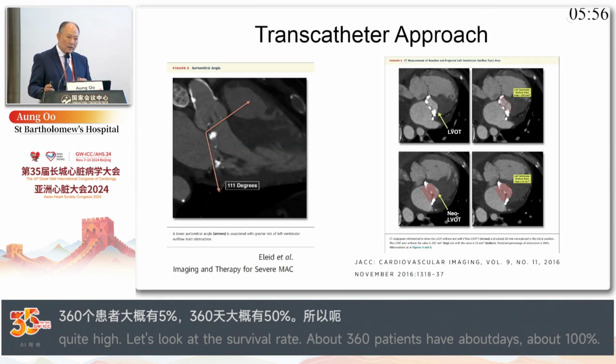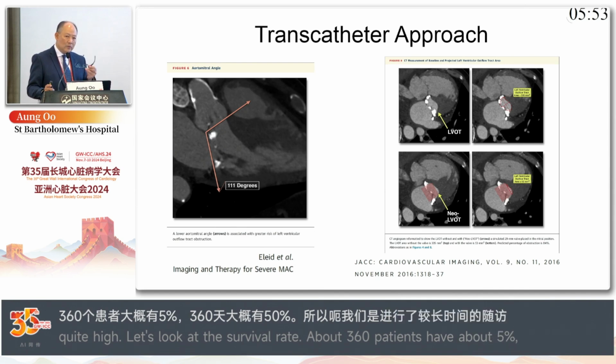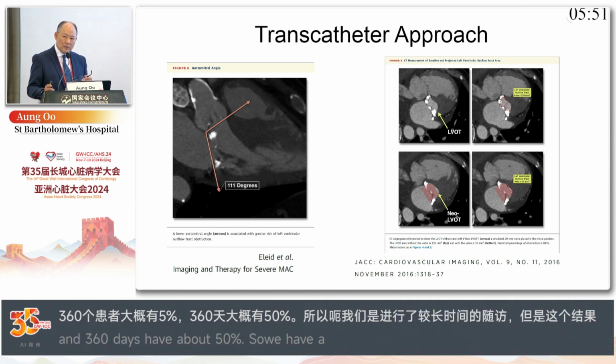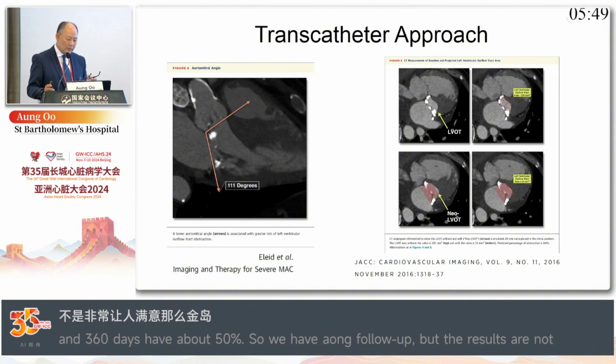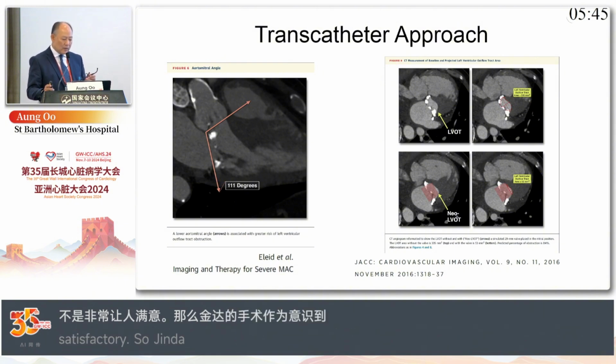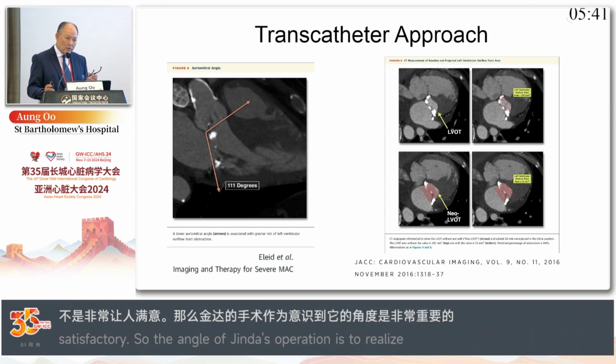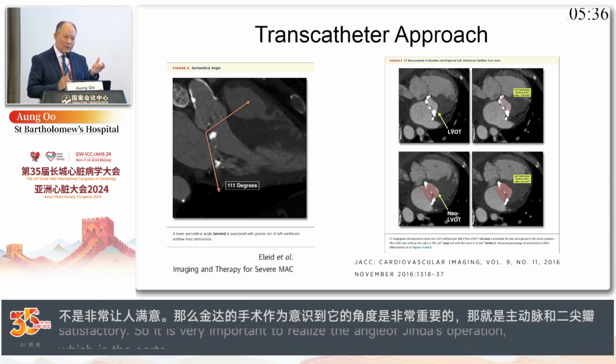And when you started doing more transcatheter approaches, people started to realize the importance of the aortomitral angle. If the angle is smaller and more acute, there is more chance of the transcatheter valve obstructing the LVOT.